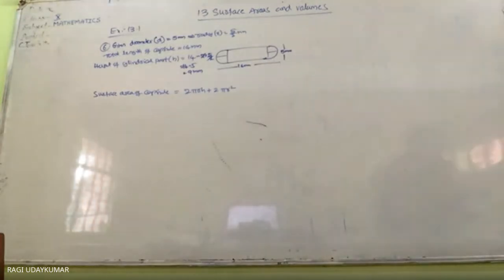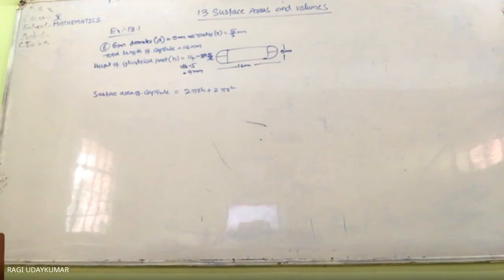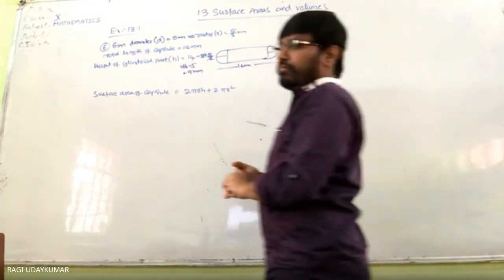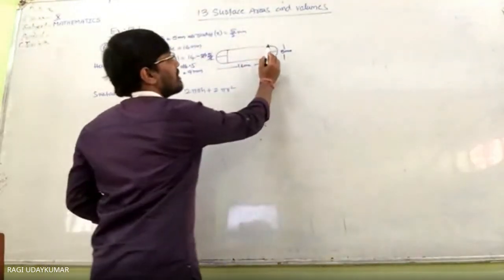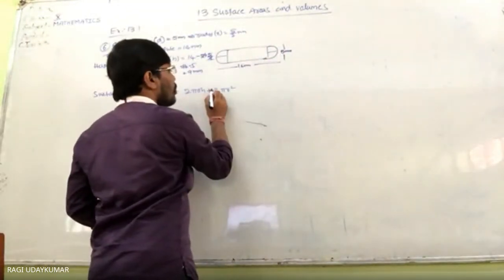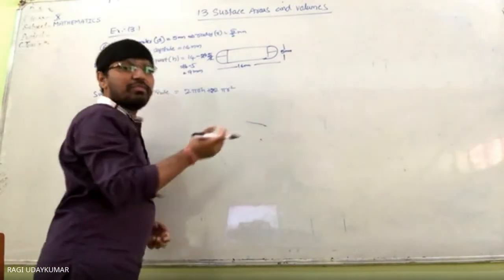What is around here? Think. Here one hemisphere, here two times of two hemispheres.